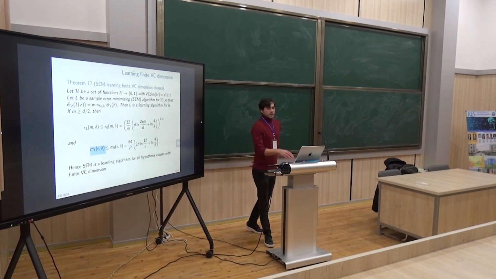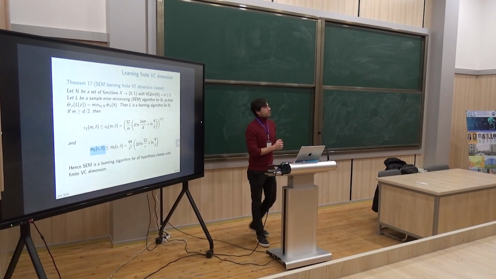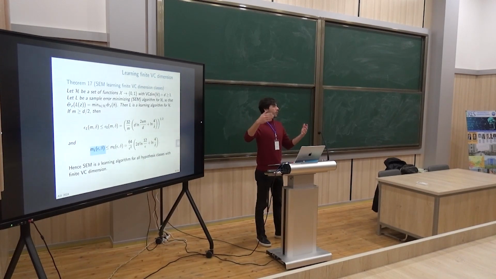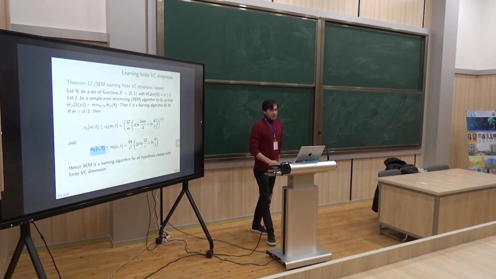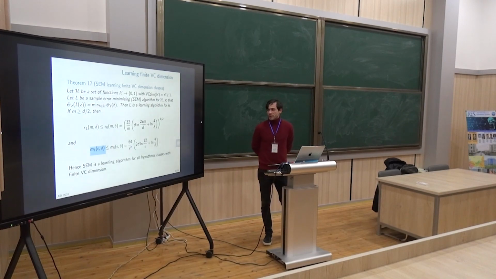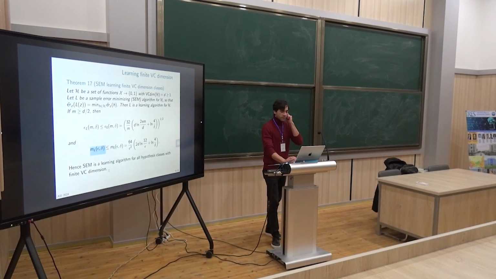So the point is, this is a number that we can find for given epsilon and delta. Epsilon is the slack that we have, how far away we are from optimum, and delta is the slack that we have in the probability, with respect to the sample, of attaining that. The fact that this bound exists tells us that the sample error minimization procedure is in fact a learning algorithm for the hypothesis classes that have a finite VC dimension, because we can instantiate this bound. Questions?